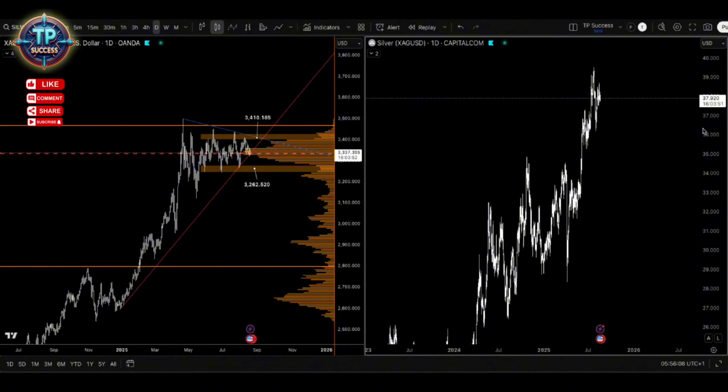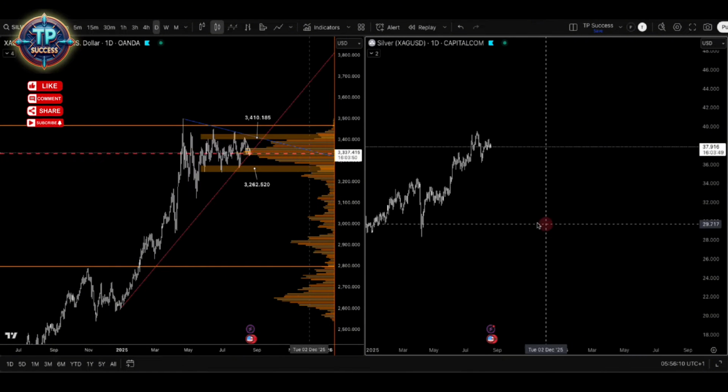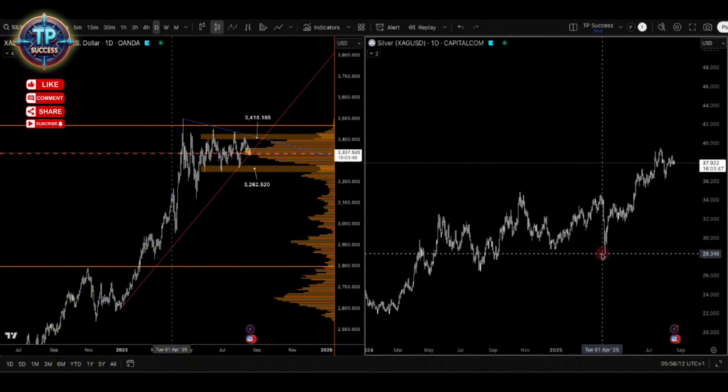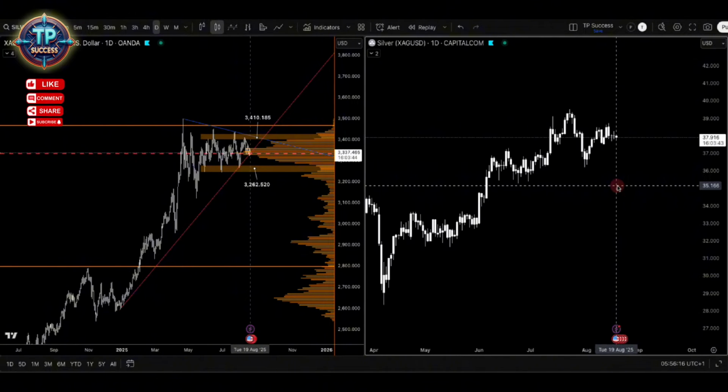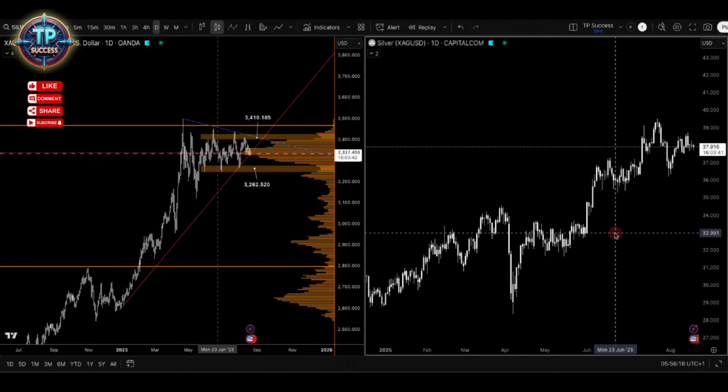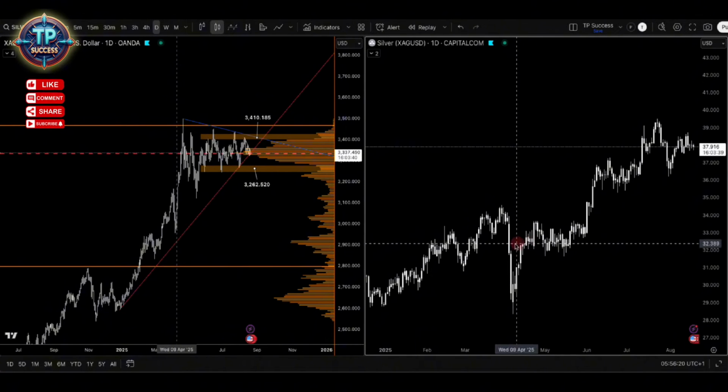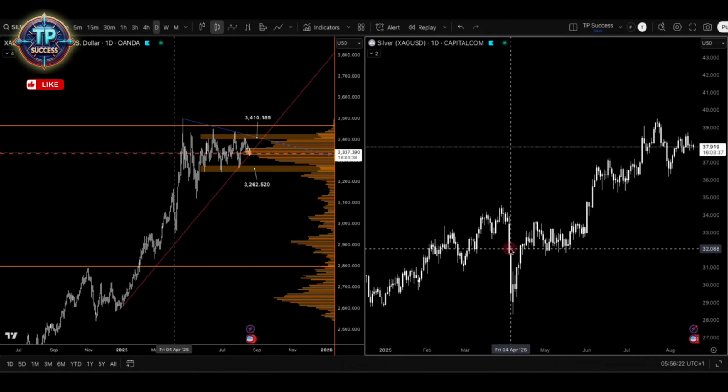Okay, now this is heavily correlated with gold, right? So whatever gold is doing, you kind of want to look at it on the silver side and see what silver is doing. And in most cases, what you would find is whatever is happening on one thing is happening on the other.